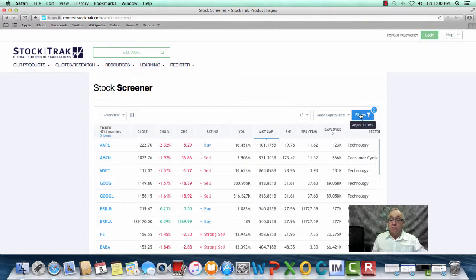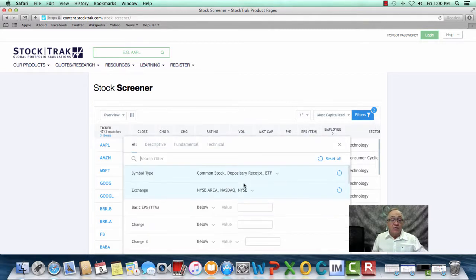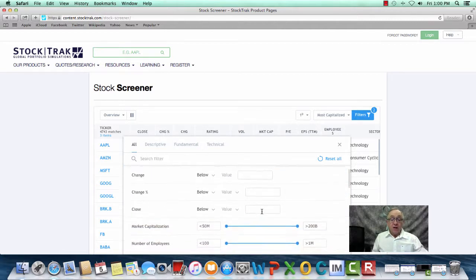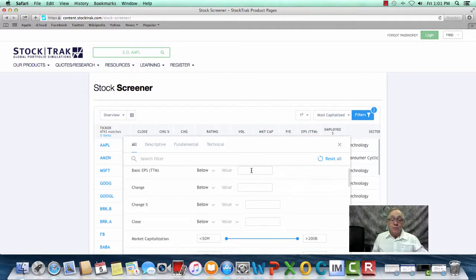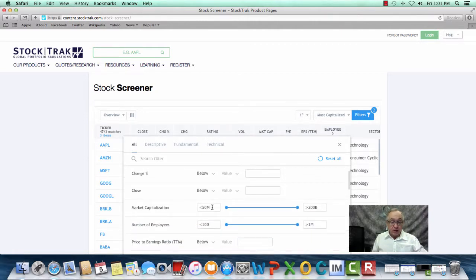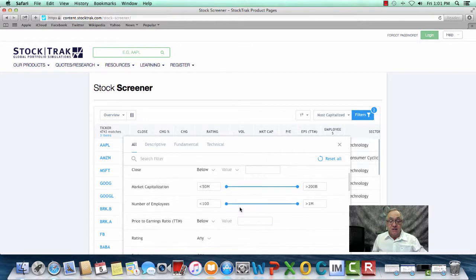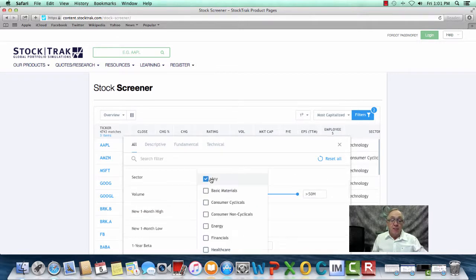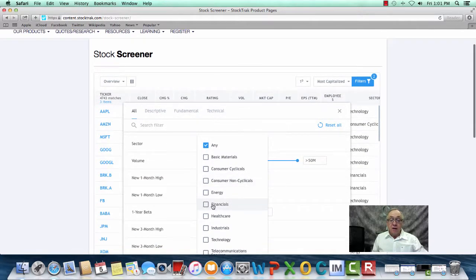So on this, we could look for different filters, and scrolling down, earnings per share would be fundamental, our value. Change might speak about momentum. Capitalization addresses the size of the company. Then we have things that are metrics, such as price earnings ratios, ratings, sector. Okay, let's drill down onto that.